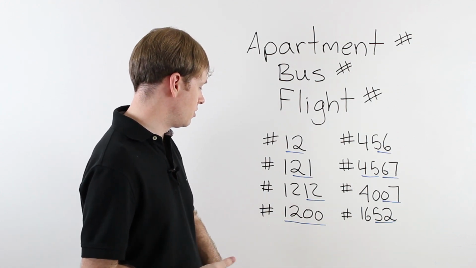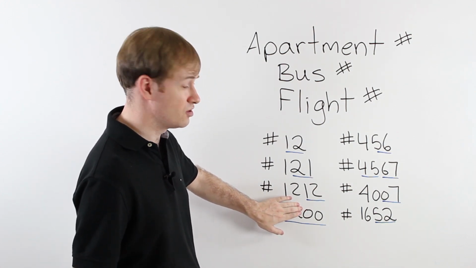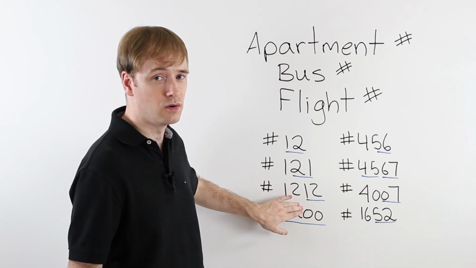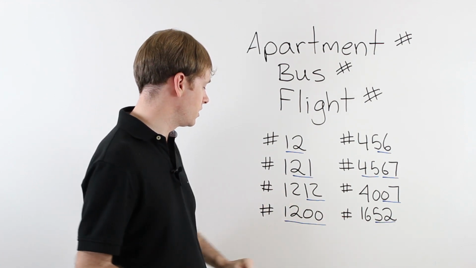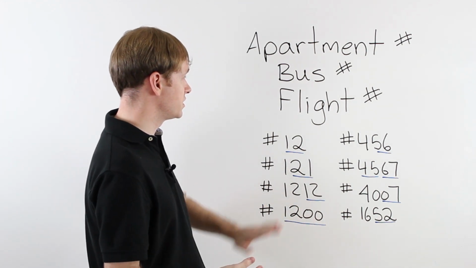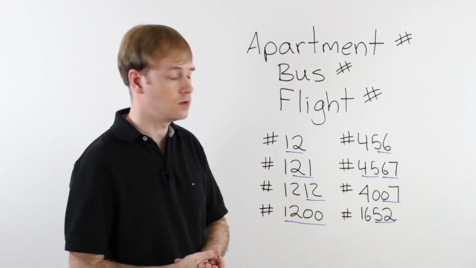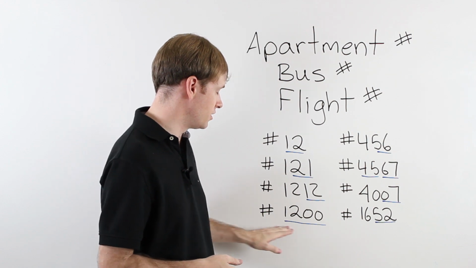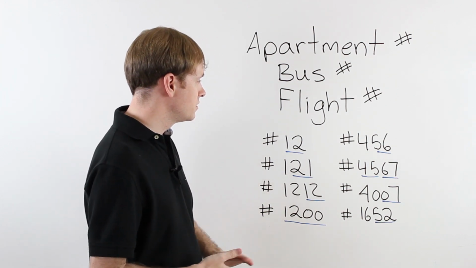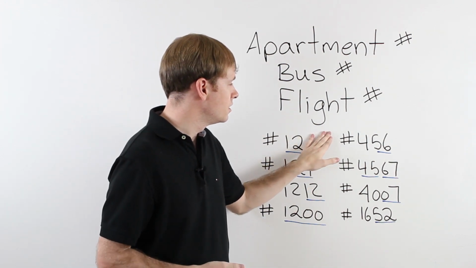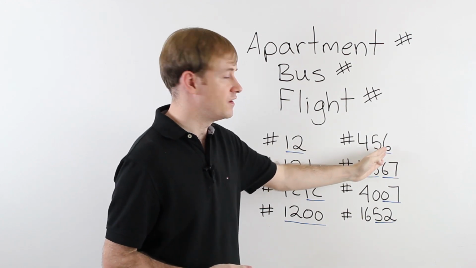The next number, okay, the last two are 00, so we can't say 0. We're going to just say it all. We're going to say this as, for example, bus number twelve hundred. Okay, bus number twelve hundred.